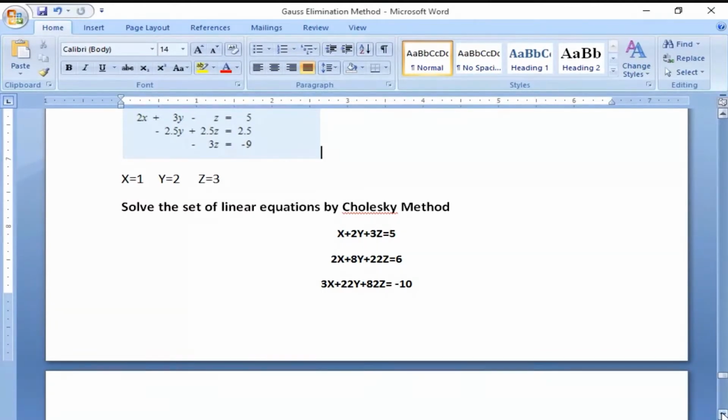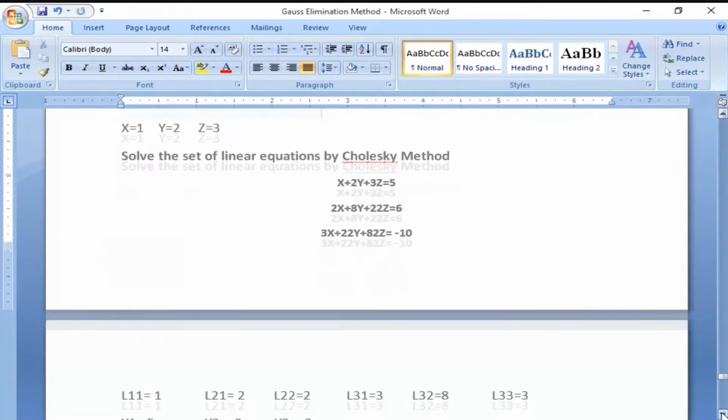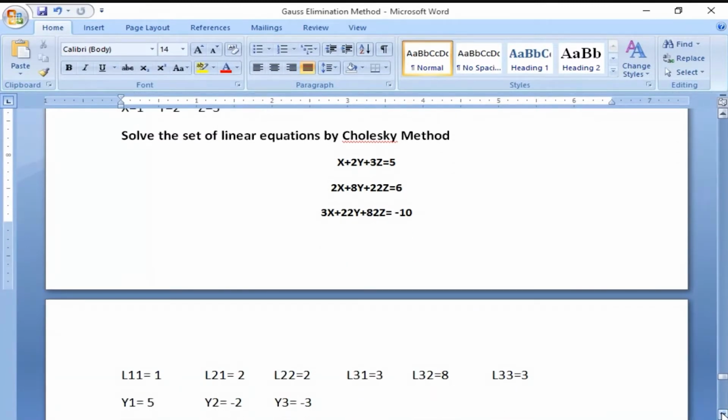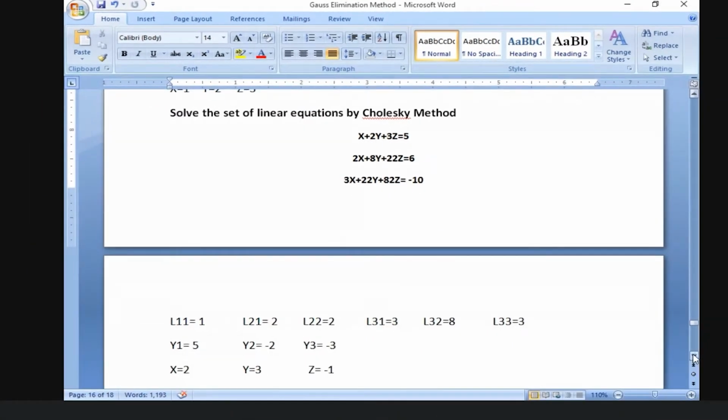She got values of x, y, and z equal to 2, 3, and minus 1. Okay. What about y1, y2, and y3? This one is correct. What about others? Have you got all these values? Just write down the values, Manish.